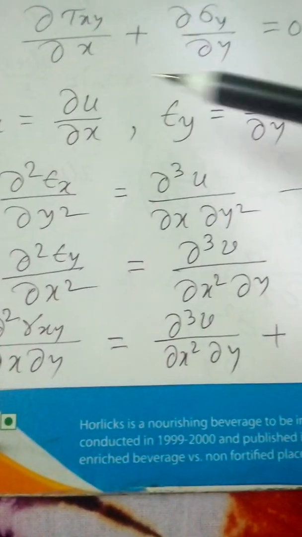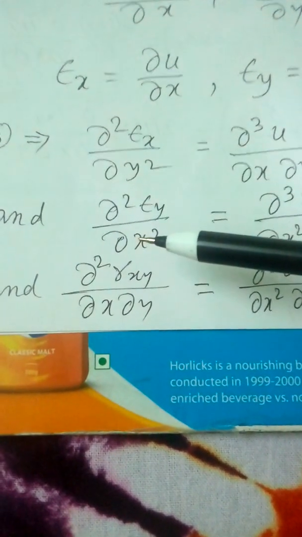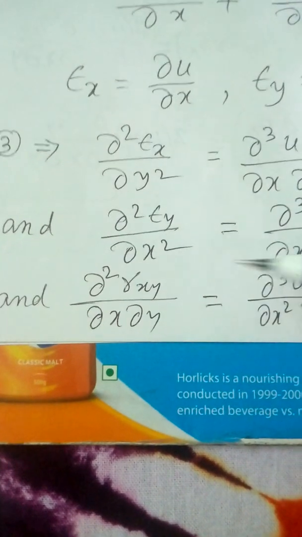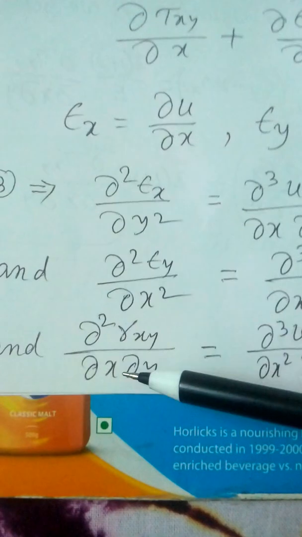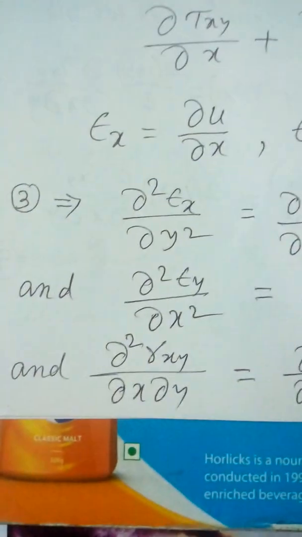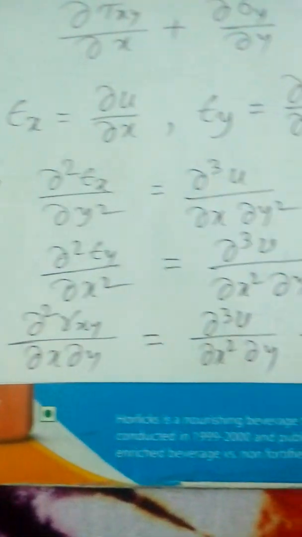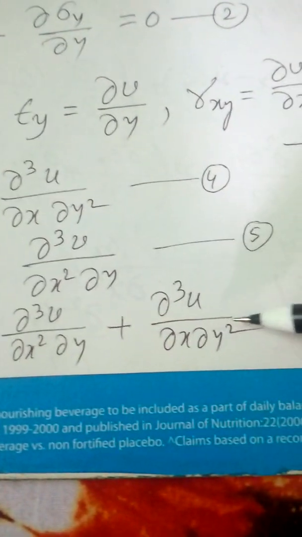From here, and this is 4, and similarly this is 5, and from gamma, this is the 6.